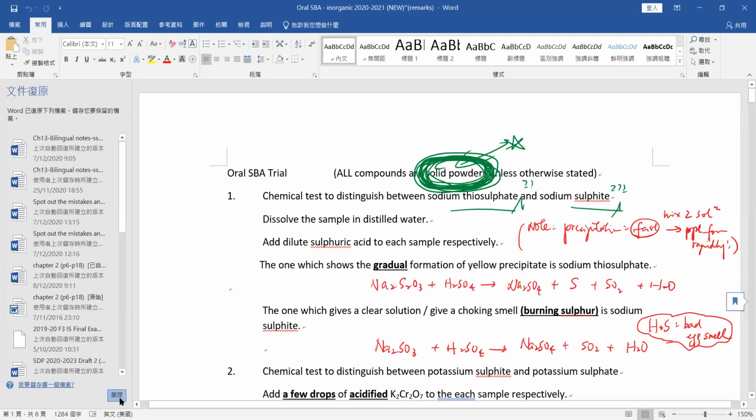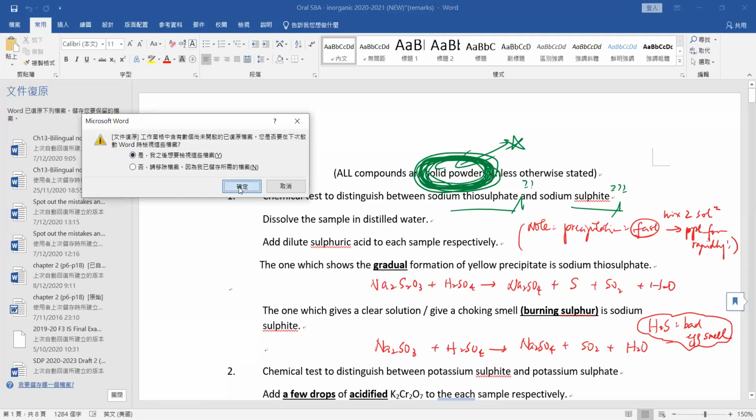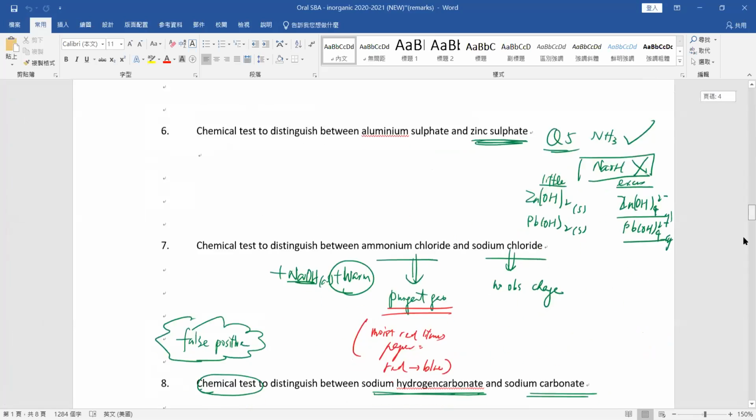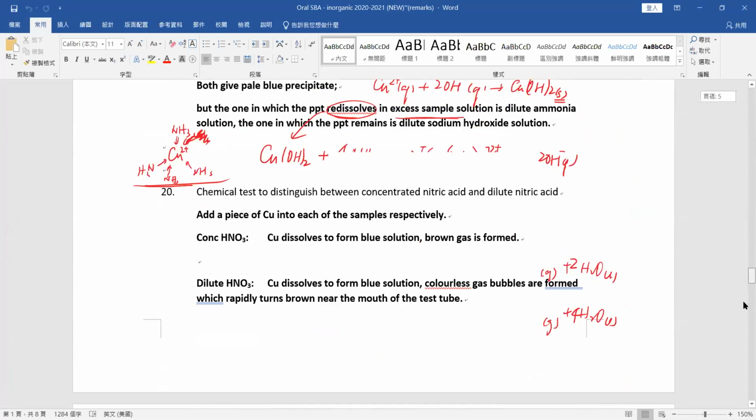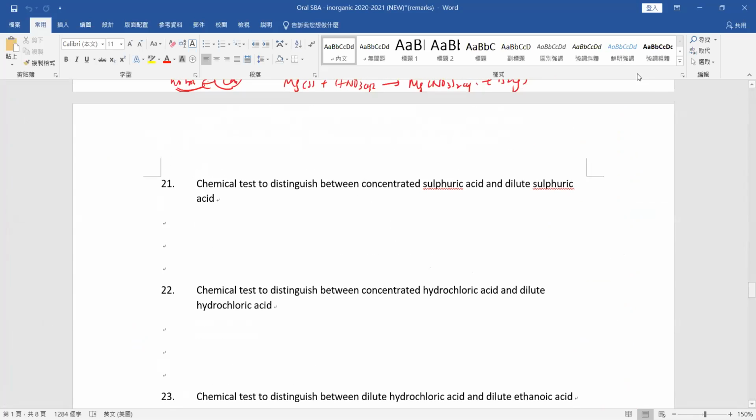Add what? You add copper and heat, and the one with colorless gas bubbles is the concentrated one. How about the other one?